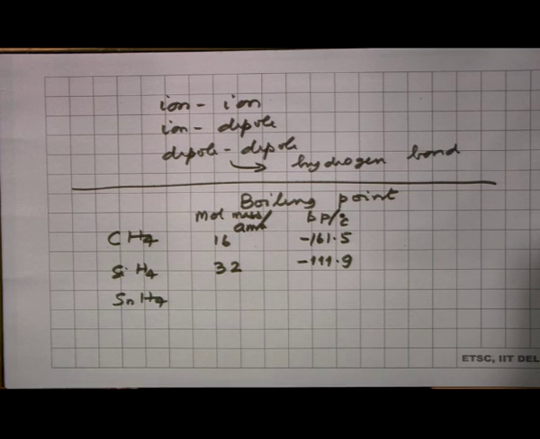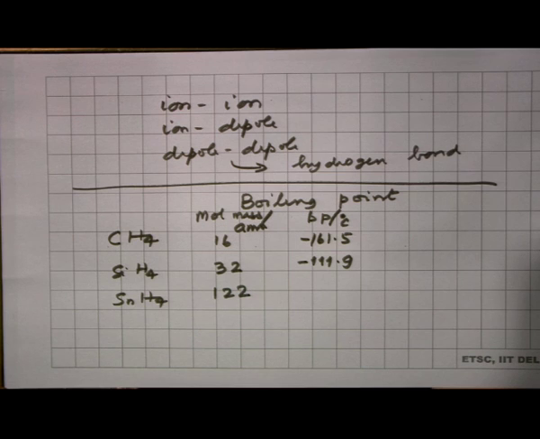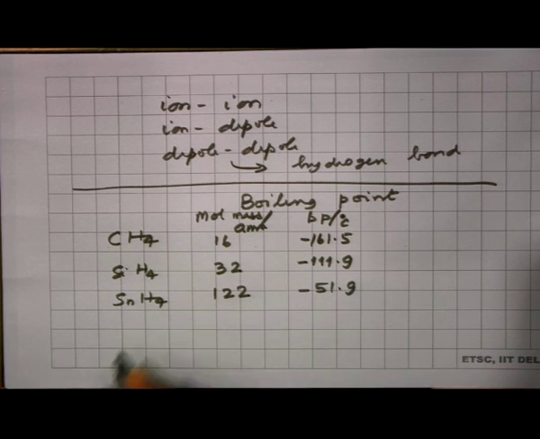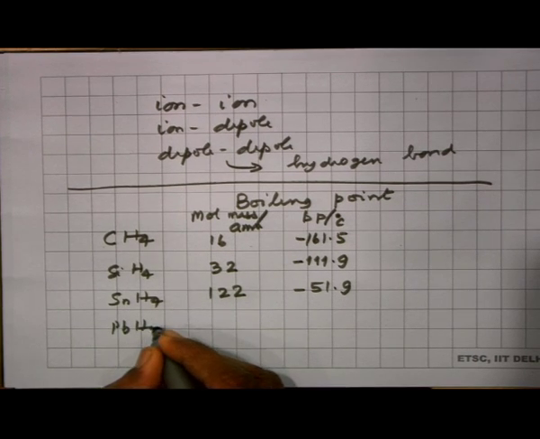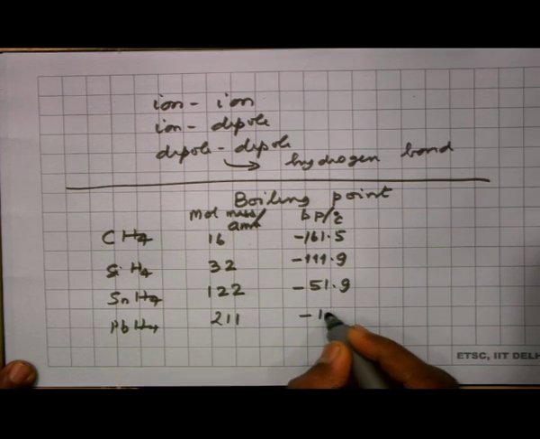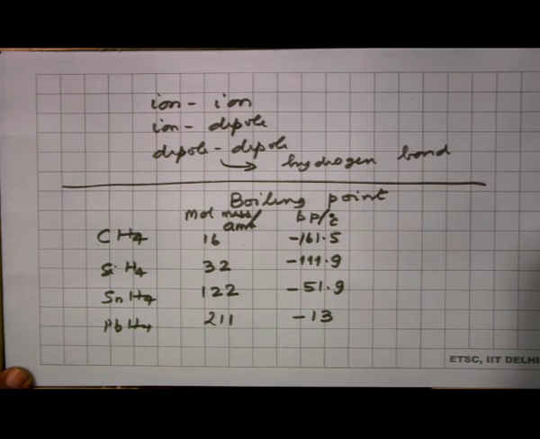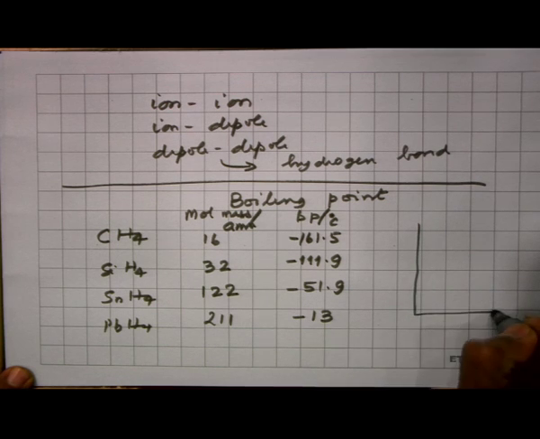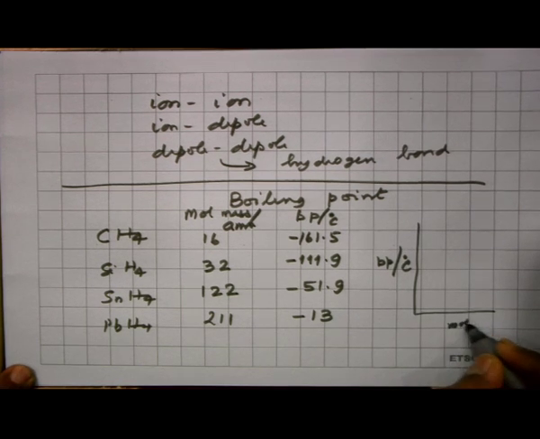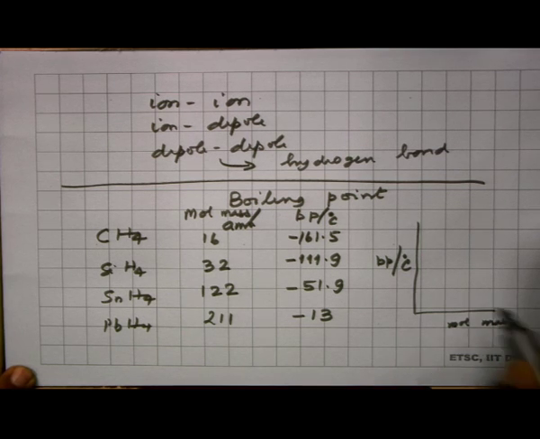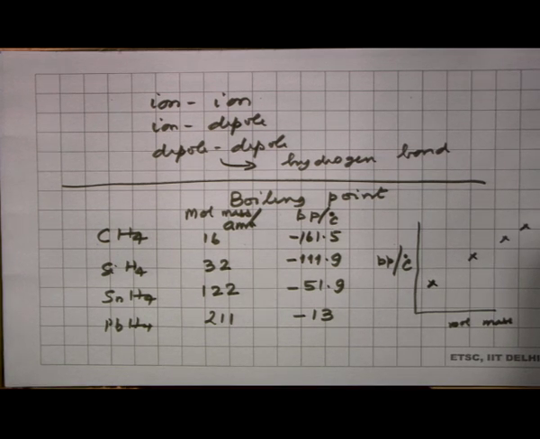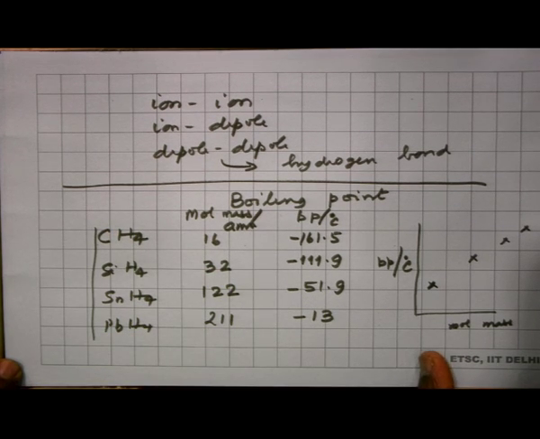Stannane has a molecular mass of 122 and a boiling point of minus 51.9, where plumbane has a molecular mass of 211 and a boiling point of minus 13. So, if you plotted boiling point in degrees Celsius as a function of molecular mass, you find that it almost goes up linearly in this series of hydrides of group 4.